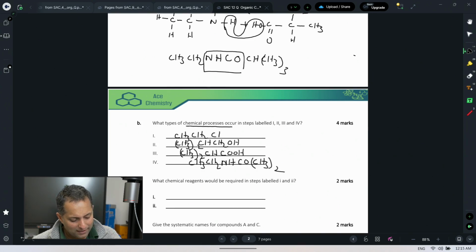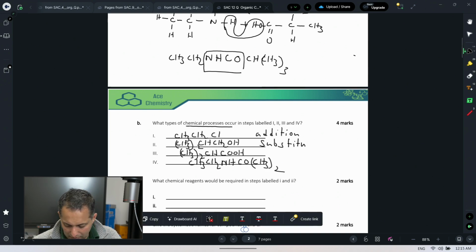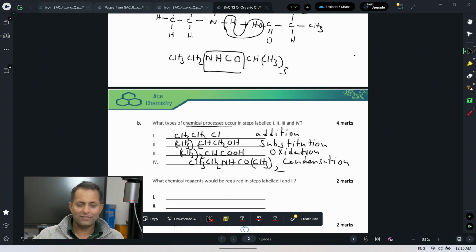This one is addition, and this is substitution. This is oxidation. That's condensation. So sorry.